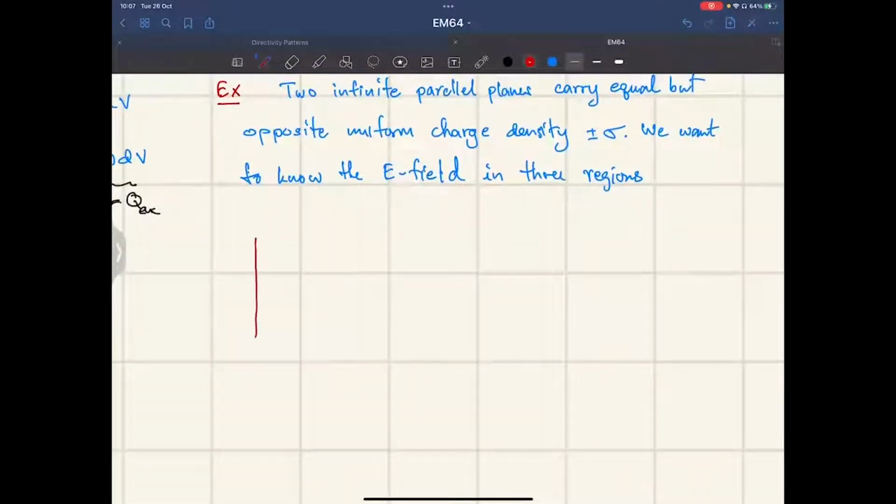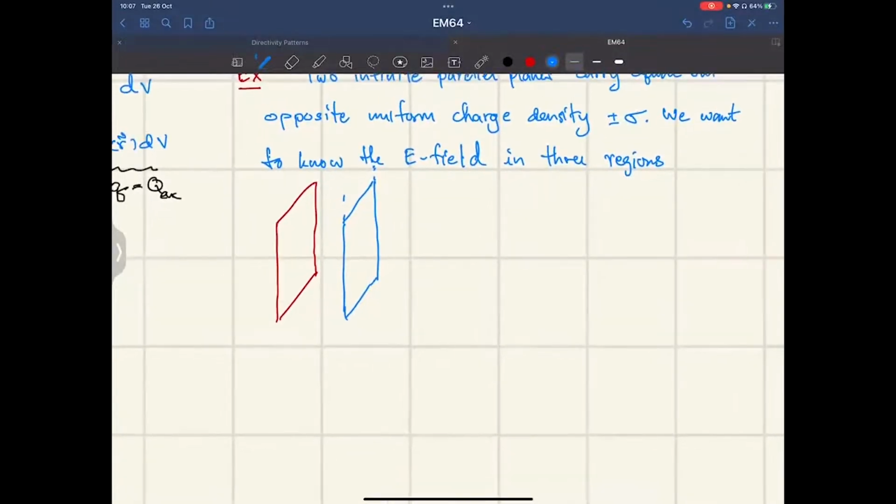Let's say we have a parallel plate here. One of the plates is here, and I have another one here. Let me draw with a different color. We have parallel plates, and they are extended to infinity. They are infinite surfaces, and one of them is positive, let's say this one is positive here, and this one is negative.